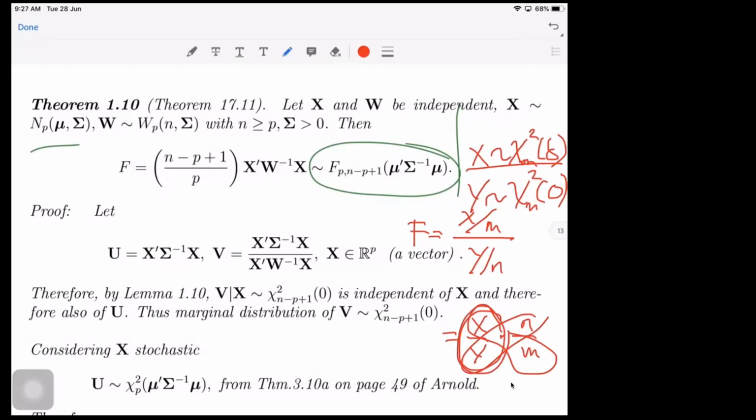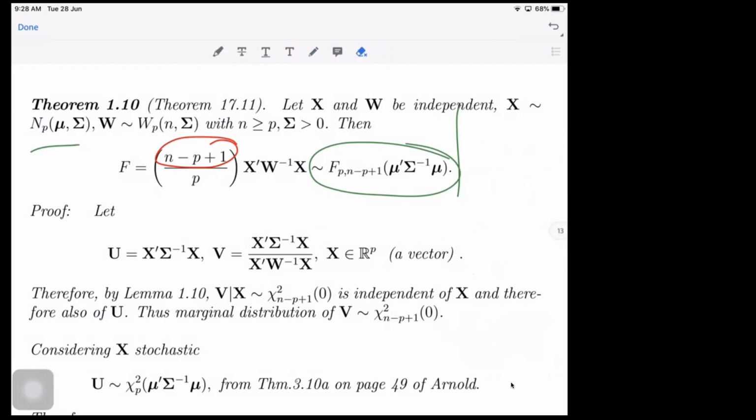It is n minus p plus 1 for the Wishart, and then p for the sigma.